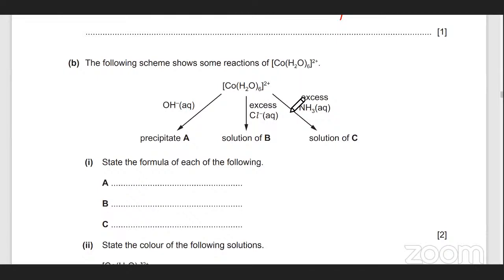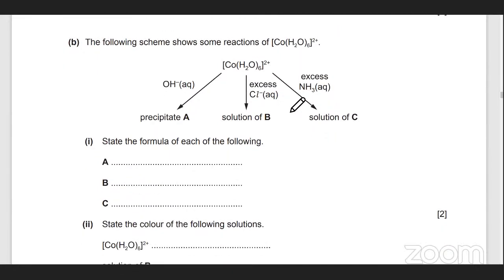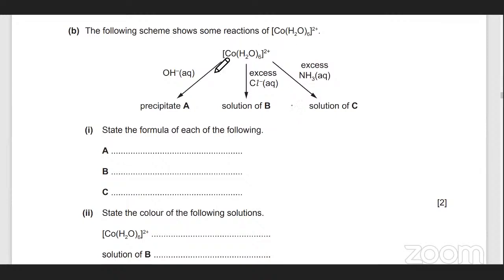I said the other thing is the following. It shows some reactions of Cu(H2O)6 2+. So what happens when Cu surrounded by 6 water molecules and you have an OH minus 1? You have to remember all these ligand exchange reactions. 2 of the water molecules get substituted by OH ions, and you get Cu(OH)2(H2O)4.